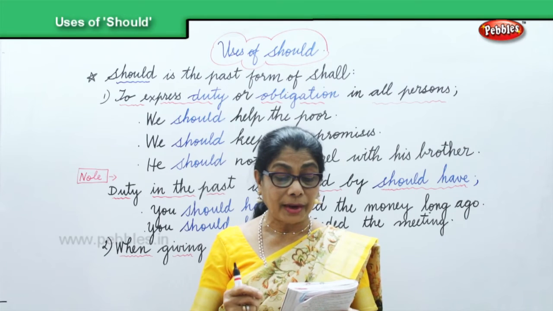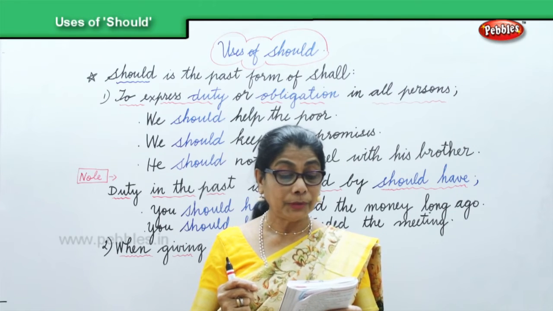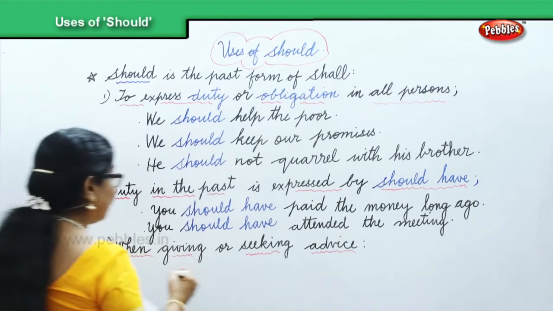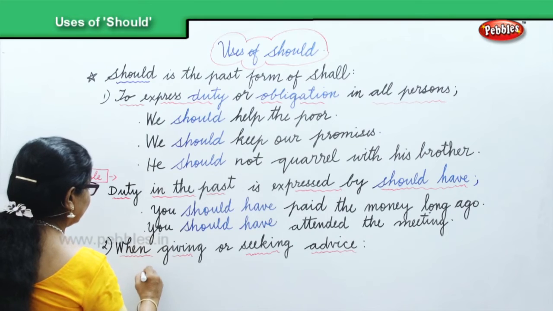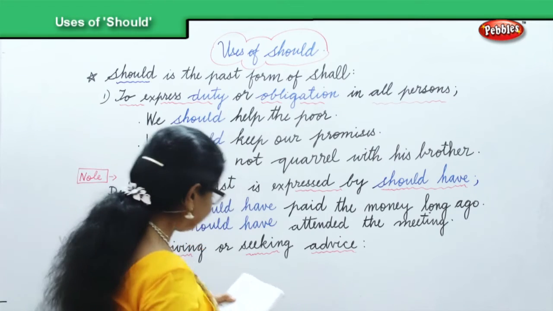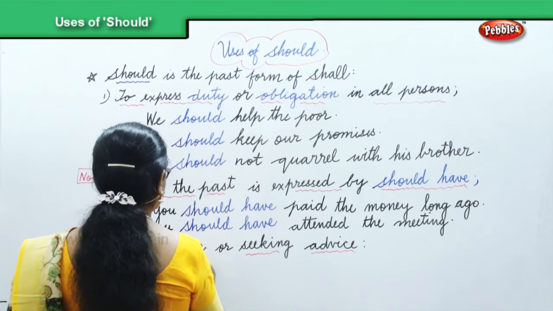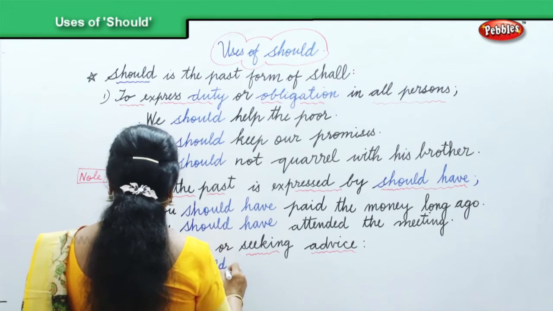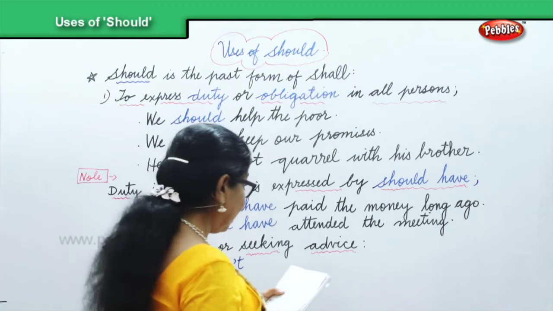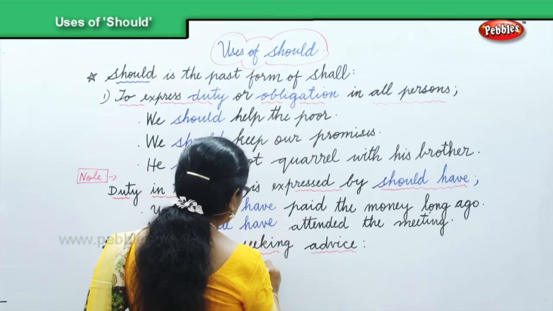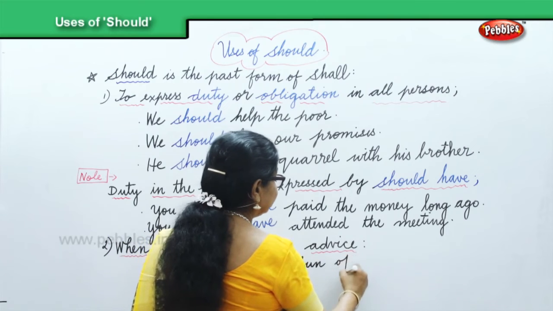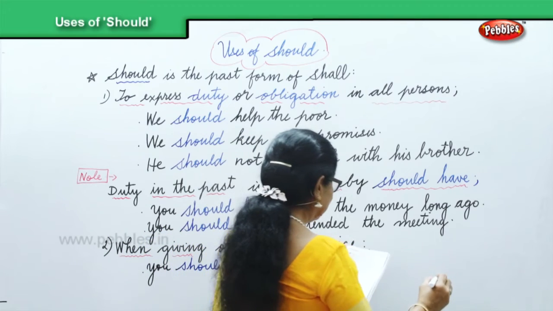Now look at the couple of sentences we have here for you. You shouldn't make fun of the disabled. That means you should not make fun of the disabled.